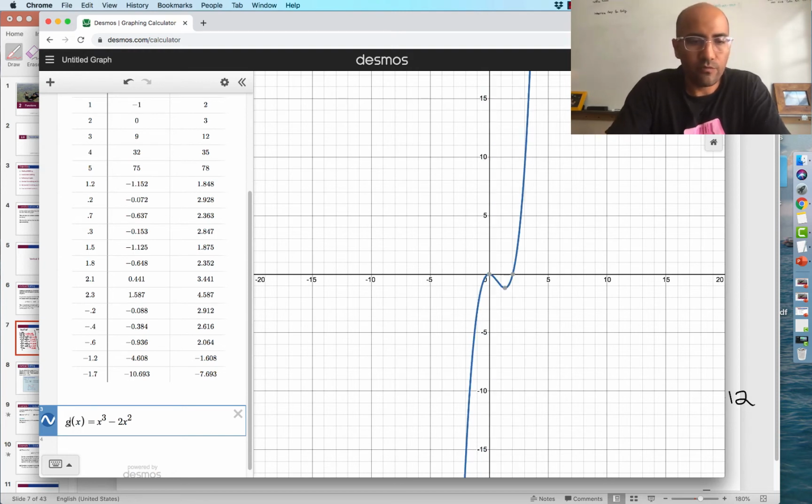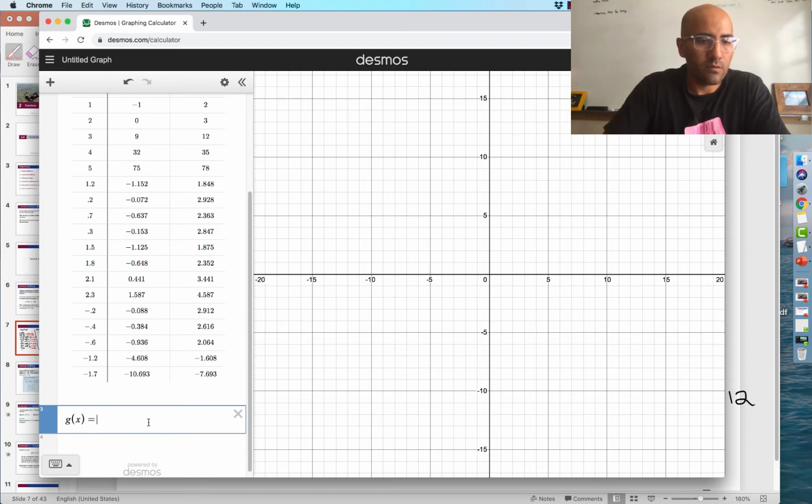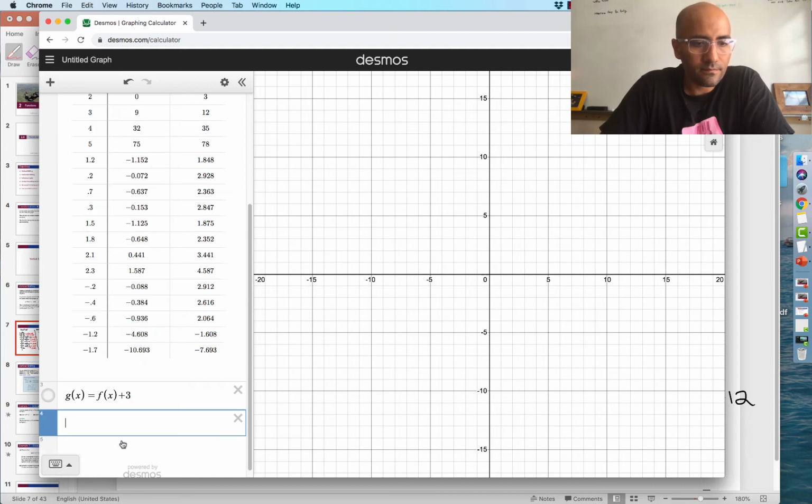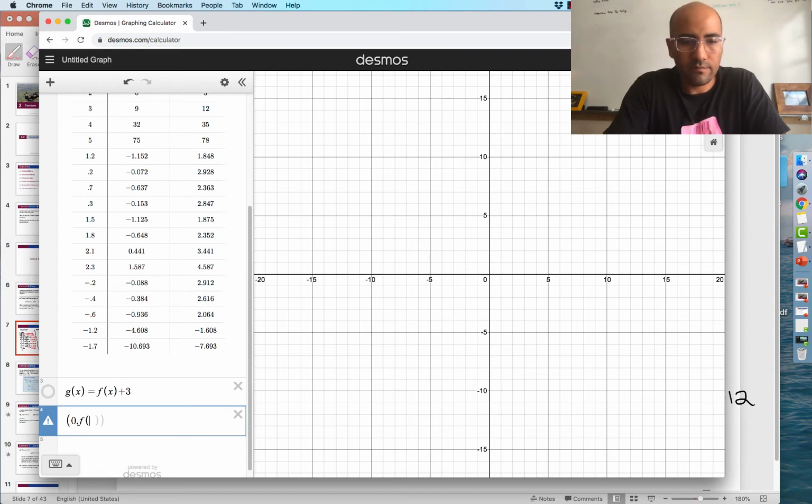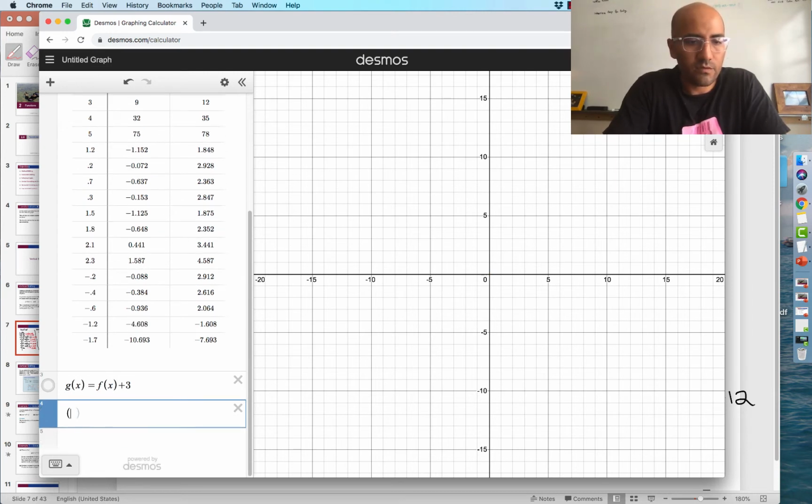So let's come up with a new function, g of x, which is equal to f of x plus 3. Okay, so now let's start putting in some points. 0, comma, f of 0. Okay, so that's good.